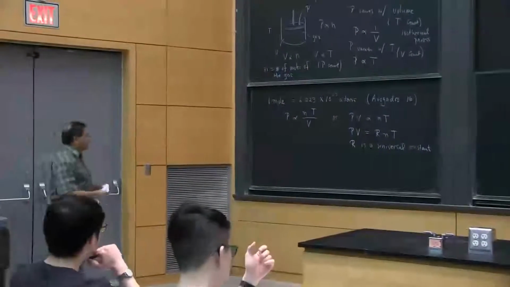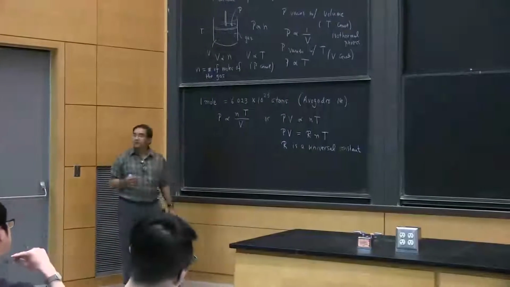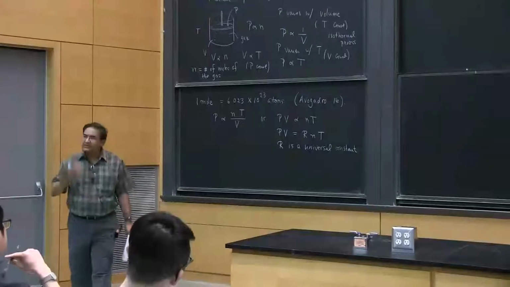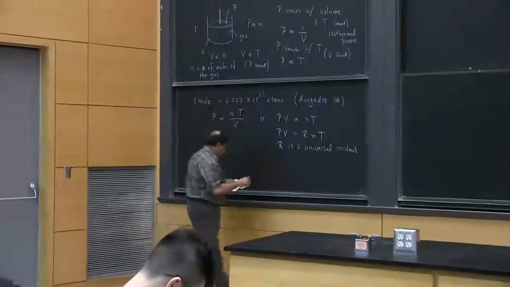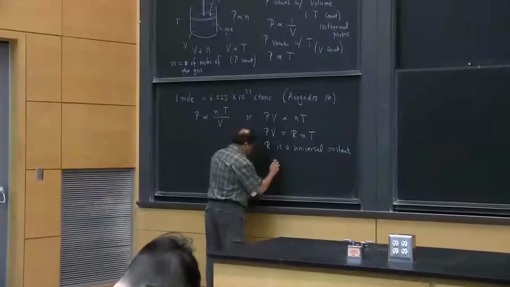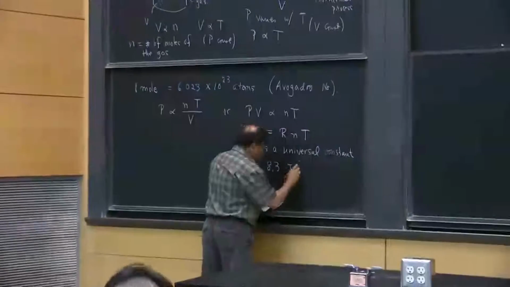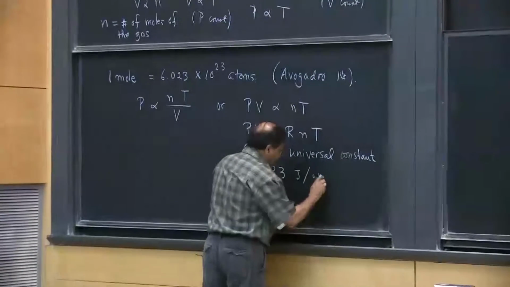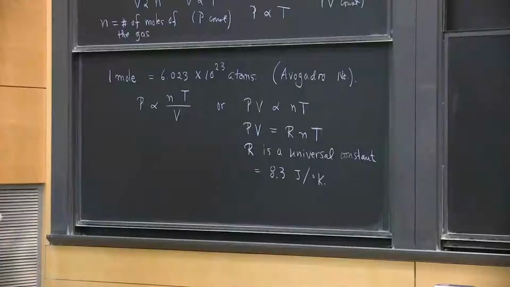So it is not a huge surprise that when you start dealing with macroscopic properties of materials, you end up with a universal constant. And the value of this R is 8.3 joules per degree Kelvin. Again, Kelvin is a universal scale, we know that. So 8.3 joules per degree Kelvin is therefore an important constant.